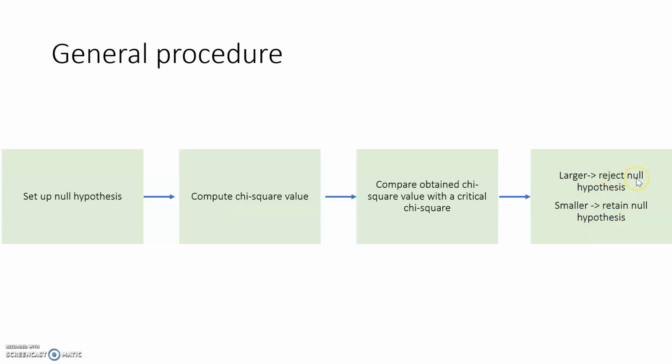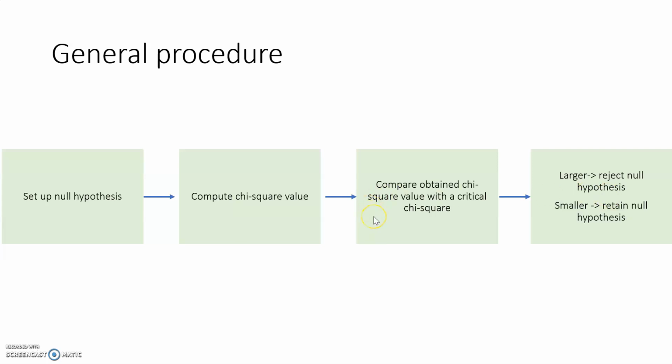we're going to reject the null hypothesis, claiming that gender influences people's career choice. But if it is smaller, we're going to retain the null hypothesis, because assuming that the null hypothesis is true, the probability of getting such a value is very normal, very likely. So we're going to retain the null hypothesis.